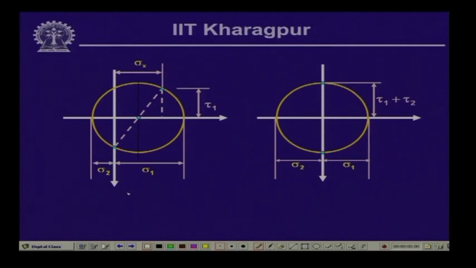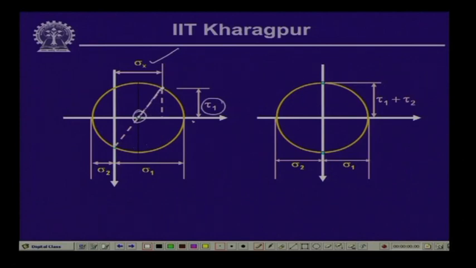Now, in the first case where you have the normal stress sigma x and tau 1, this is the point which is representing the stress, sigma y is 0 and you have the shearing stress only on that particular plane. So if you join these 2 points, this particular point gives you the center of the Mohr circle. So this is a point, this is the center and this is the radius.